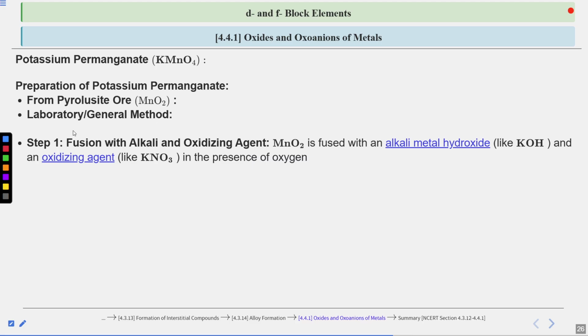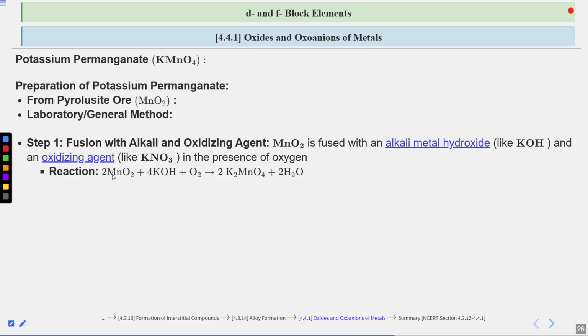So when MnO2 is fused with an alkali metal hydroxide like KOH and an oxidizing agent like KNO3 in the presence of oxygen.